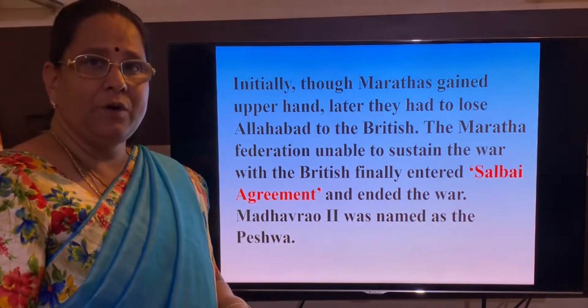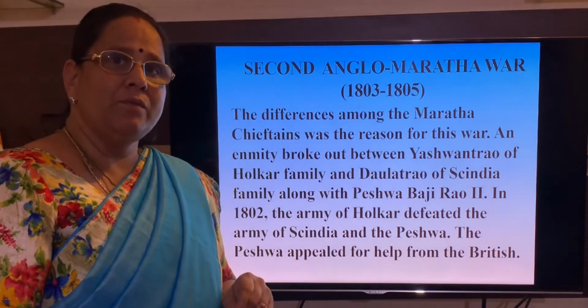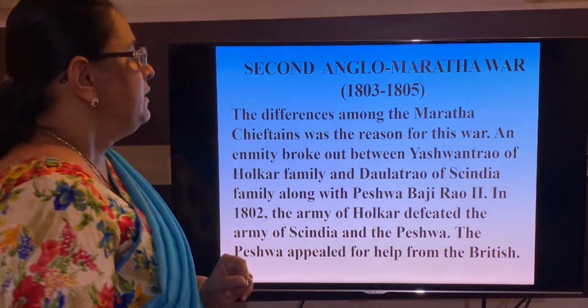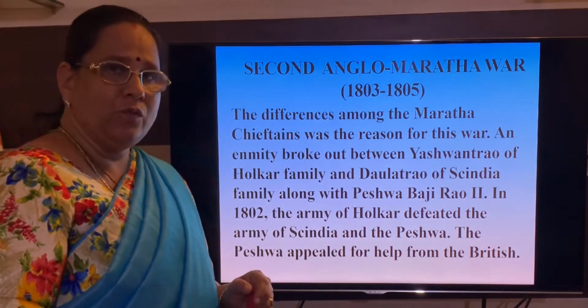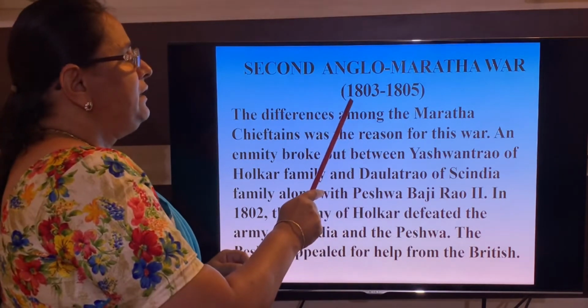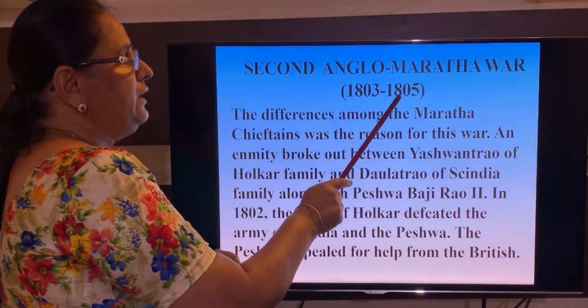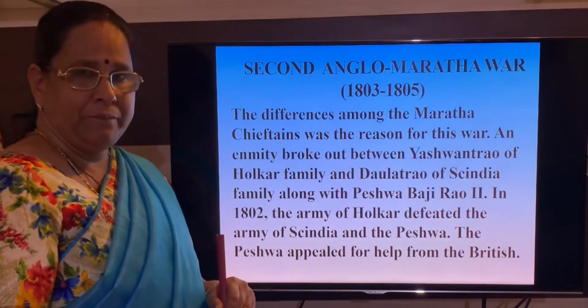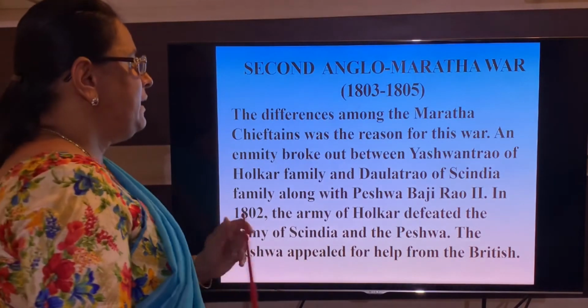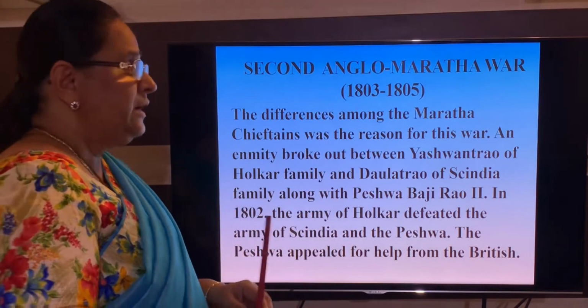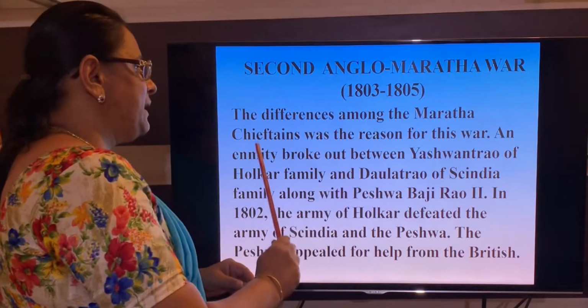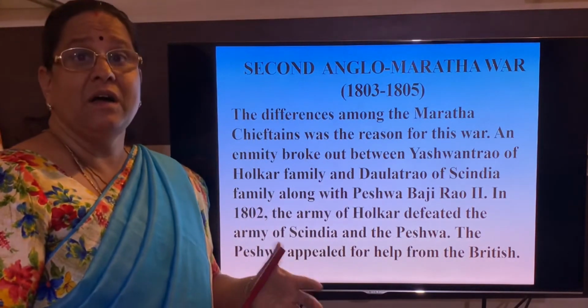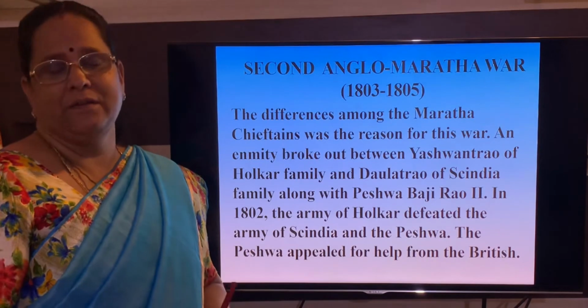Now we will learn about the second Anglo-Maratha War. The second Anglo-Maratha War was waged in the years 1803 to 1805. In this war, there was a difference among the Maratha chieftains, that is, among the Maratha rulers.